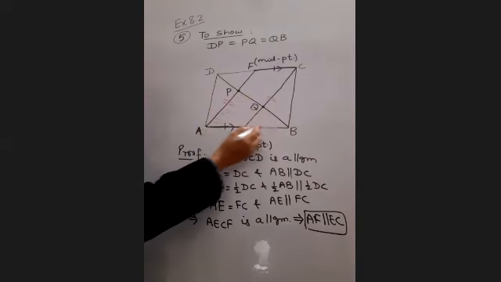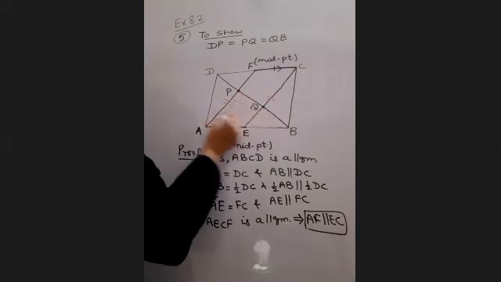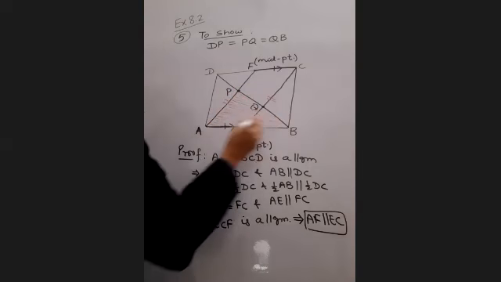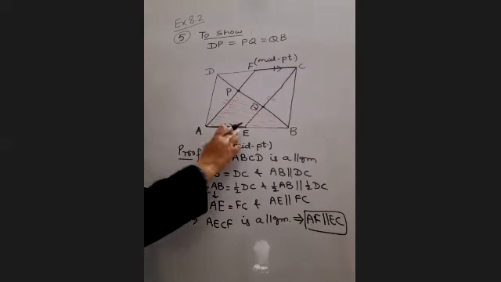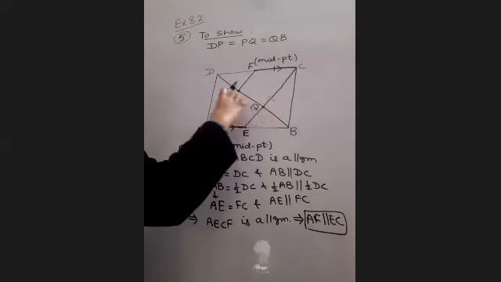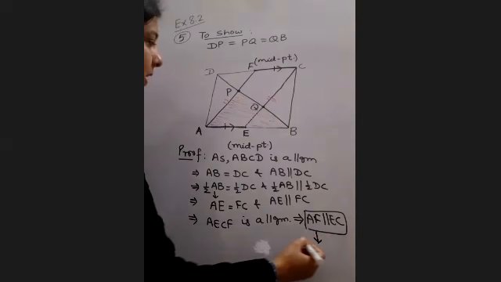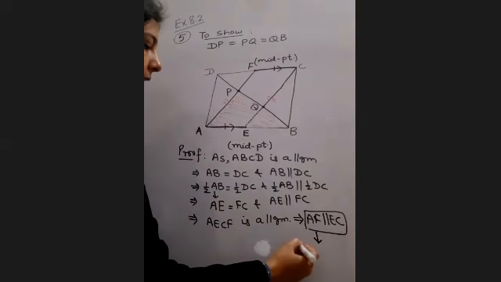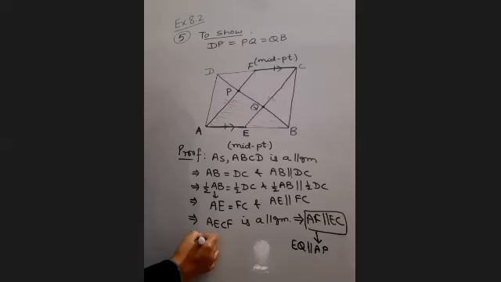So in triangle ABP, E is the midpoint. EQ is parallel to AP. Because if AF is parallel to EC, will that mean that EQ is parallel to AP? Yes, ma'am. I'm writing in short, I'll write in detail later.